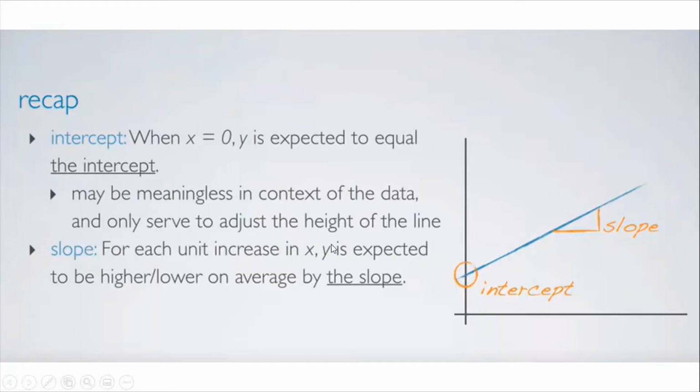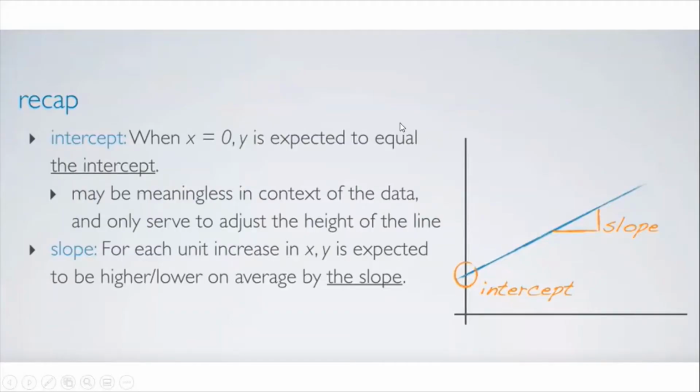For each unit increase in x, y is higher or lower on average. If it is a positive relationship, when we increase x by 1 unit, y will also increase by the slope. For a negative relationship, when x increases 1 unit, y decreases by the slope.